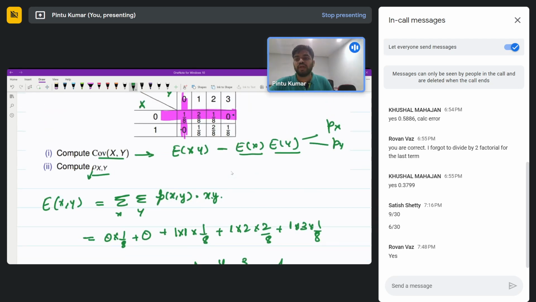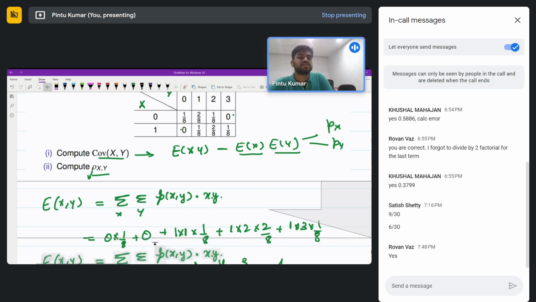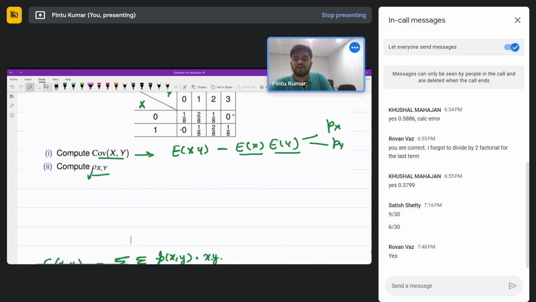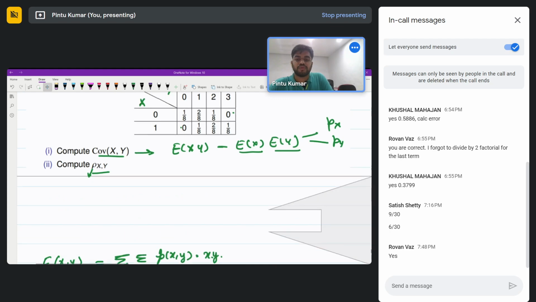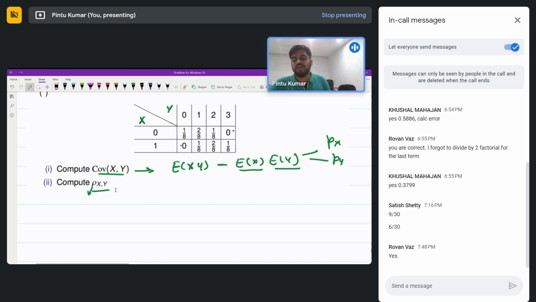Now, in order to calculate expectation of x and expectation of y, we need marginal distributions, right? So from the table, what is the probability of x equal to 0? I said you just need to sum over y. So probability of x equal to 0 and y equal to yi, you need to sum over all the yi.